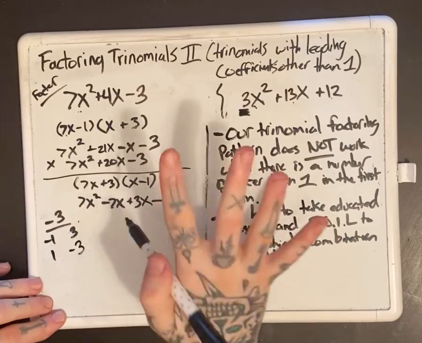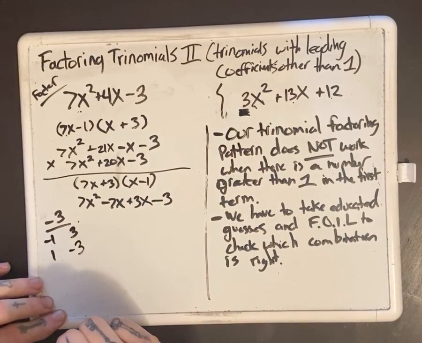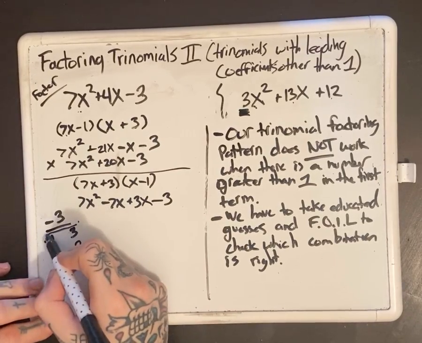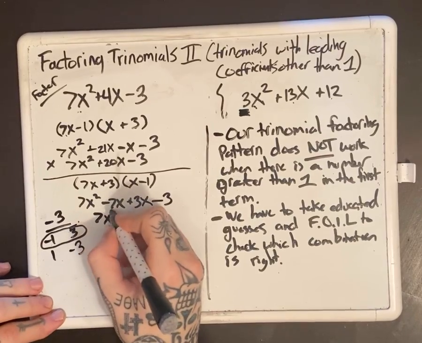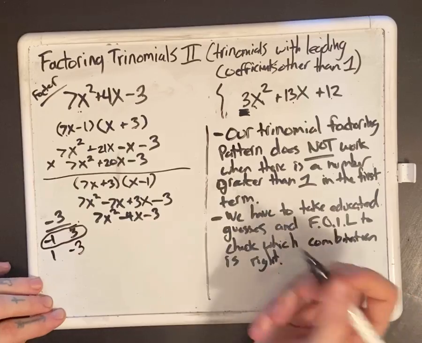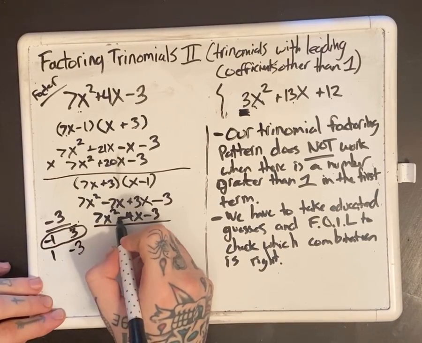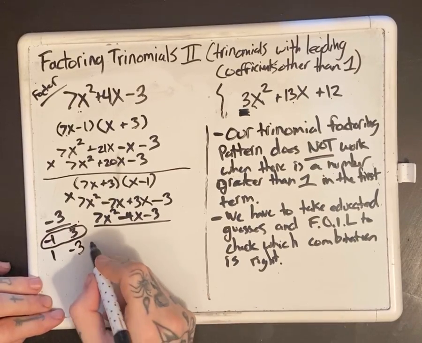Oh, I'm sorry, there's 4 combinations. There's 4 combinations. So we're still on this. We're still in this combination. So this is going to give us 7x squared minus 4x minus 3. So you can see that we're close, but this is a minus sign and we're looking for a plus sign, so it's not this one either.